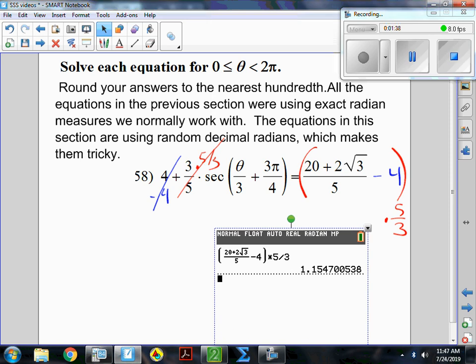So 1.1547. If you don't have the feature on your calculator where you can type in that fraction, you just need to be careful with your parentheses.